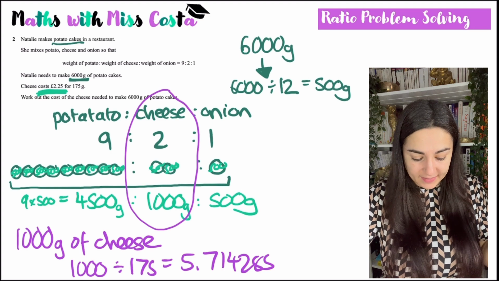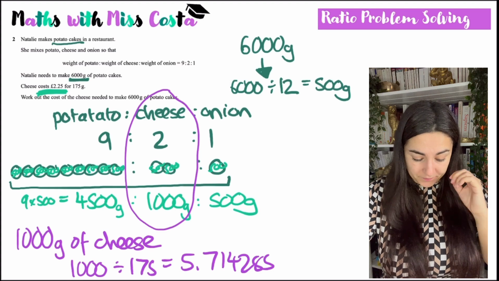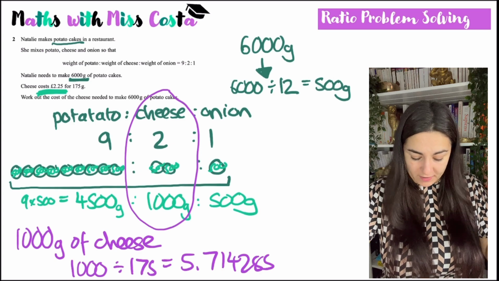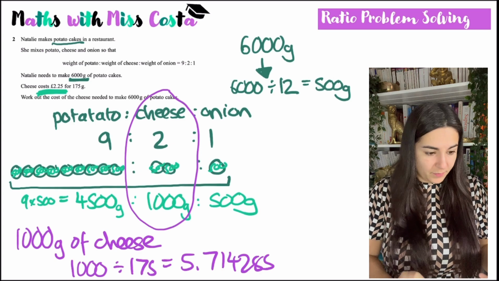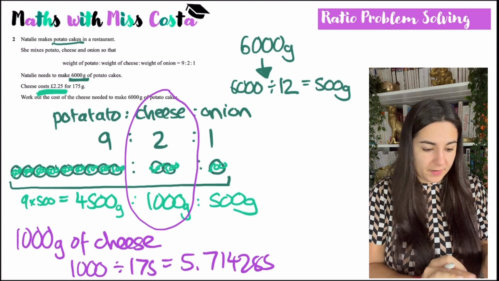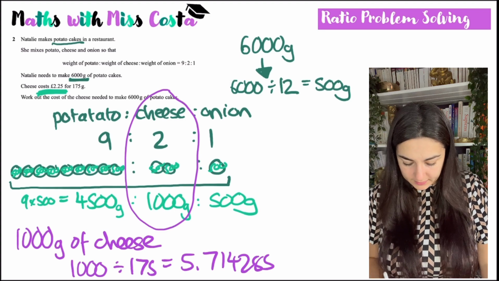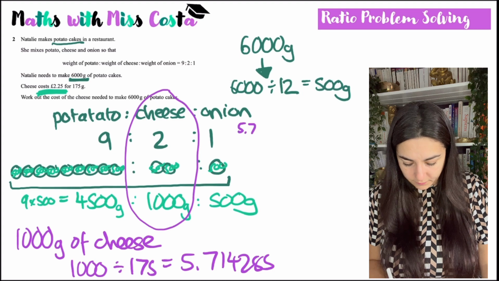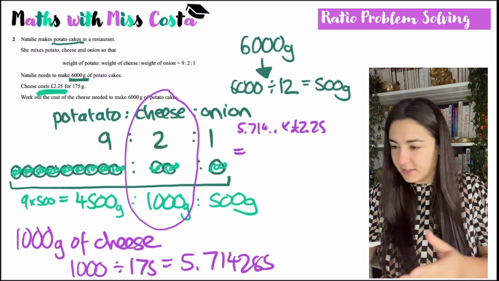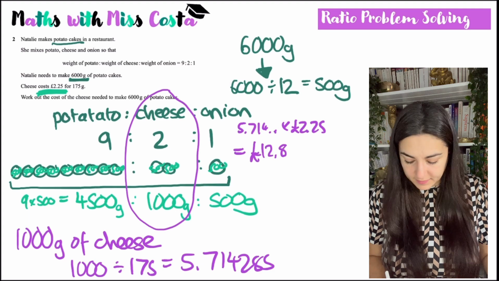But in this case, it just says for 175 grams. So you could just buy it by the gram. So 5.714285 lots of this. So we do 5.7142 times £2.25, which is £12.857142.